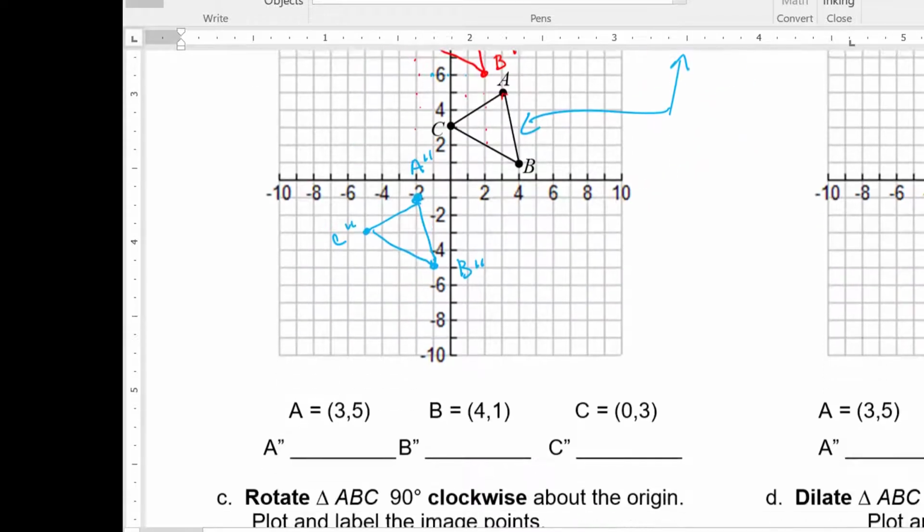If you're looking for the points, I think A double prime is -2, -1, B double prime is -1, -5, and C double prime is -5, -3.